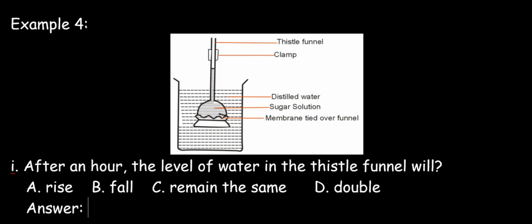In the experiment you can see the distilled water, which is the less concentrated solute solution, moves through the semi-permeable membrane into the sugar solution, which is the more concentrated solute solution, and as a result of this, the water level of the sugar solution, which is in the tissue funnel, will go up. That is, it will rise. This brings our answer to A, rise.